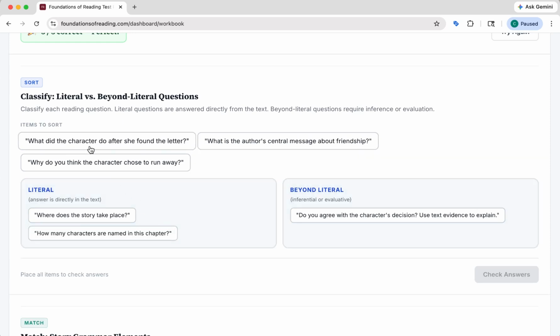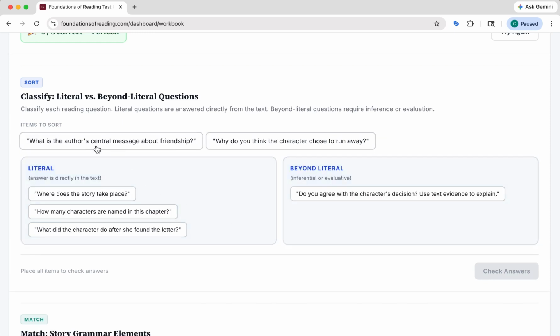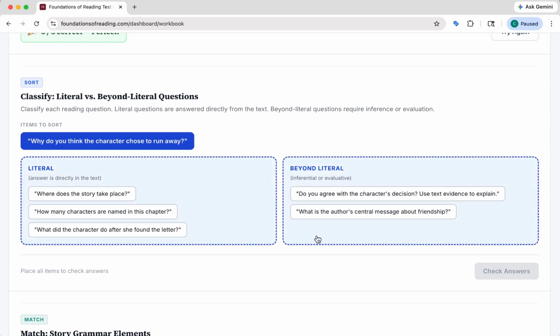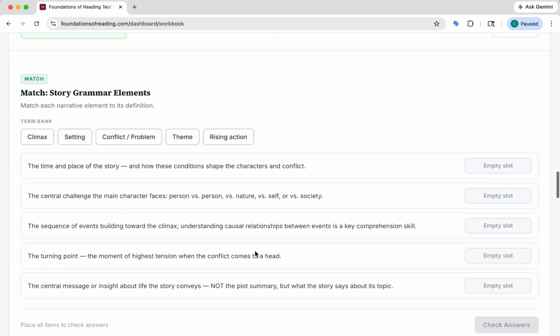Literal. What did the character do after? Literal. What is the author's central message? Beyond literal. Why do you think the character chose to run away? Beyond literal, that's either inferential or evaluative, and we're going to put that there and check it, and we got 6 out of 6. All right.